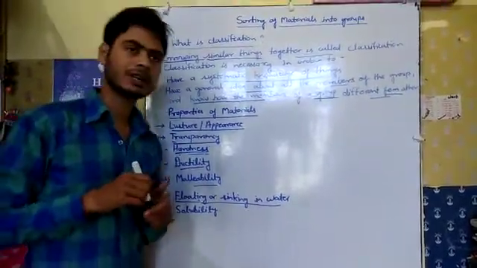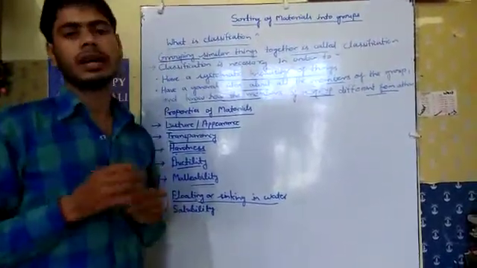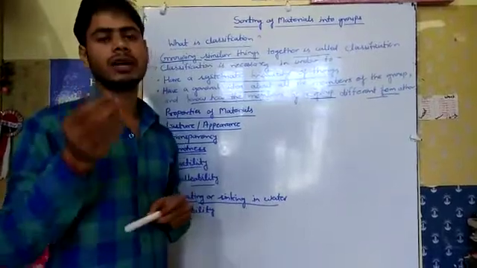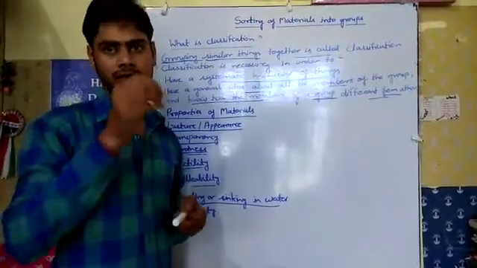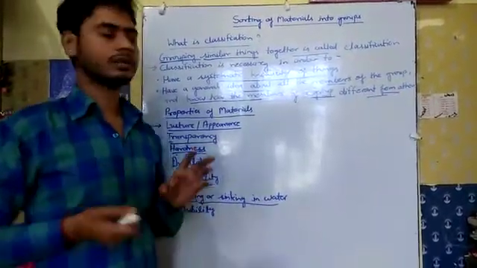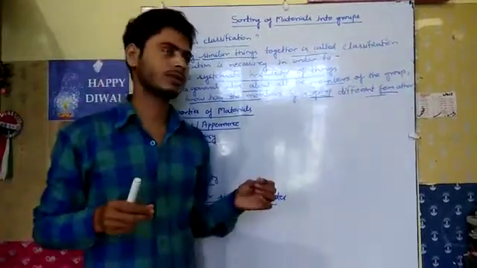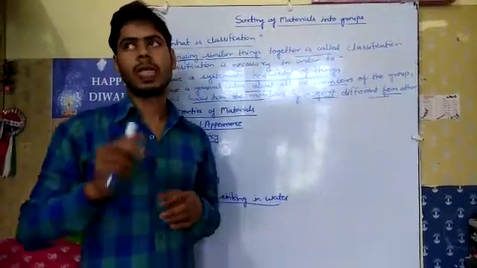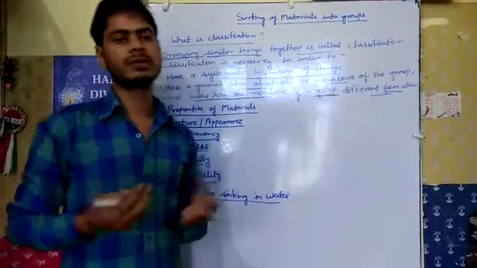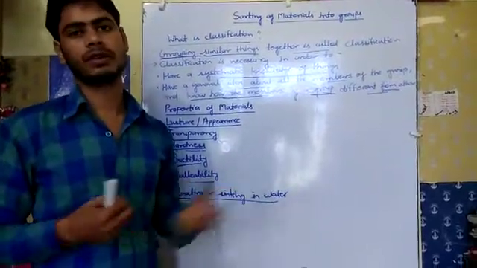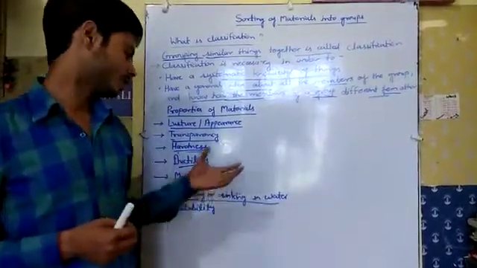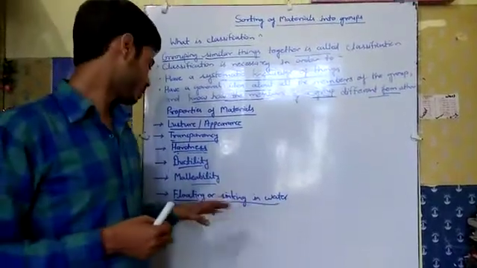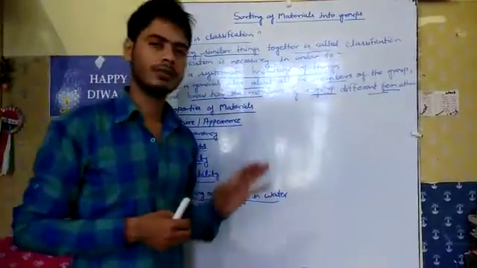Suppose we talk about an iron nail. When we drop an iron nail into water, it sinks. But a huge aluminum ship floats on the water. So these are the properties of floating or sinking in water.